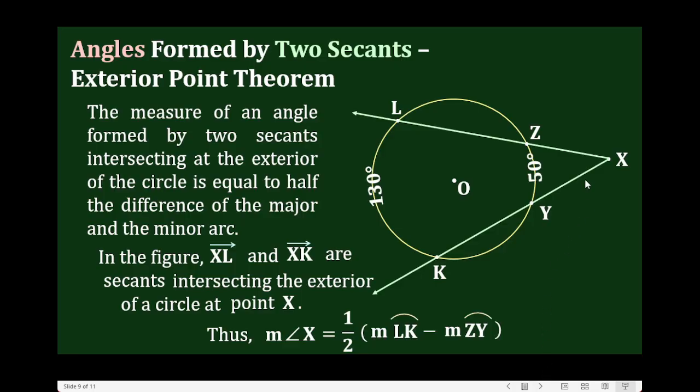To compute for the measure of this angle, we take the formula. It should be the difference, not the sum. So 130 degrees minus 50 degrees is 80 degrees. Then take half of 80 degrees, that is 40 degrees. And that is the measure of angle X.